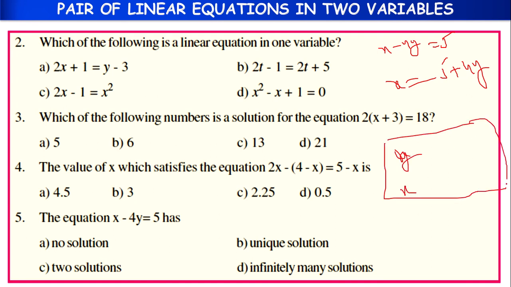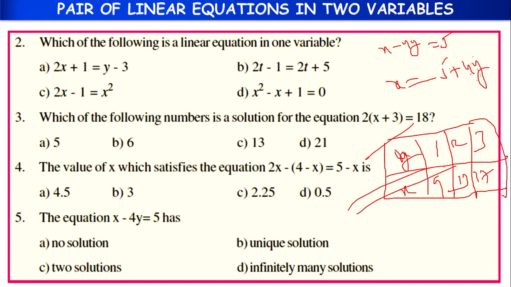When y is 1, 4 into 1 is 4, plus 5 is 9, so the x value will be 9. When y is 2, 4 twos are 8 plus 5 is 13. When y is 3, 4 threes are 12 plus 5 is 17. Like that, for different values of y we can have different values of x.